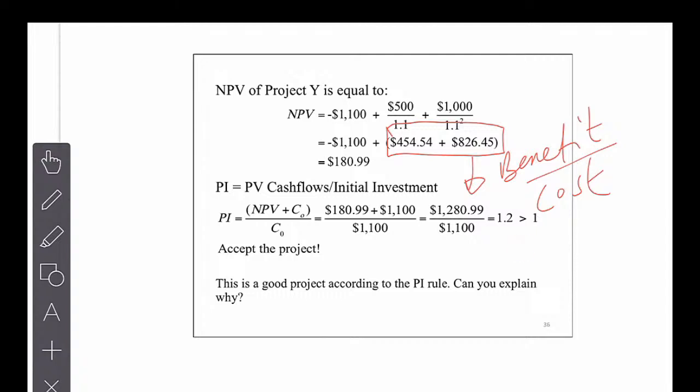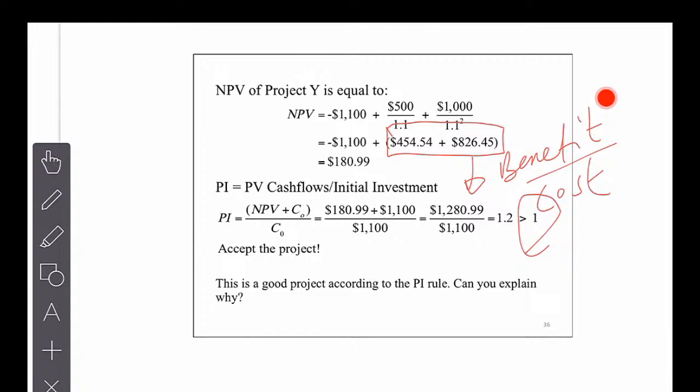And you get 1.2. And you always want, the rule is greater than 1. That's what you want. Because then your benefit exceeds your cost and you should accept the project. So that's how that works. You know, your benefits exceed your costs. That's the best explanation.